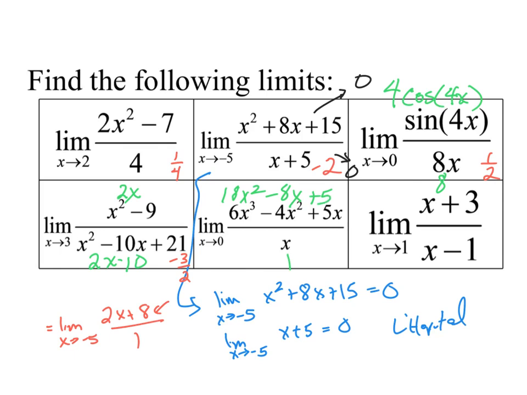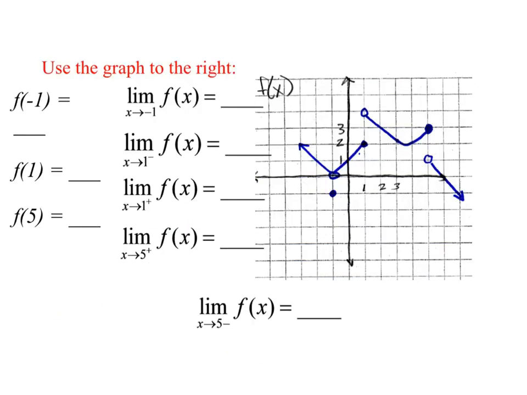So plugging in 0 again, derivative is going to be 5. And finally, this last one, I plug in 1, I get 4 divided by 0. That, then the limit does not exist. What's happening there is a vertical asymptote. Okay, and that's why the limit doesn't exist. If the numerator works and the denominator is 0, that means it was a vertical asymptote.